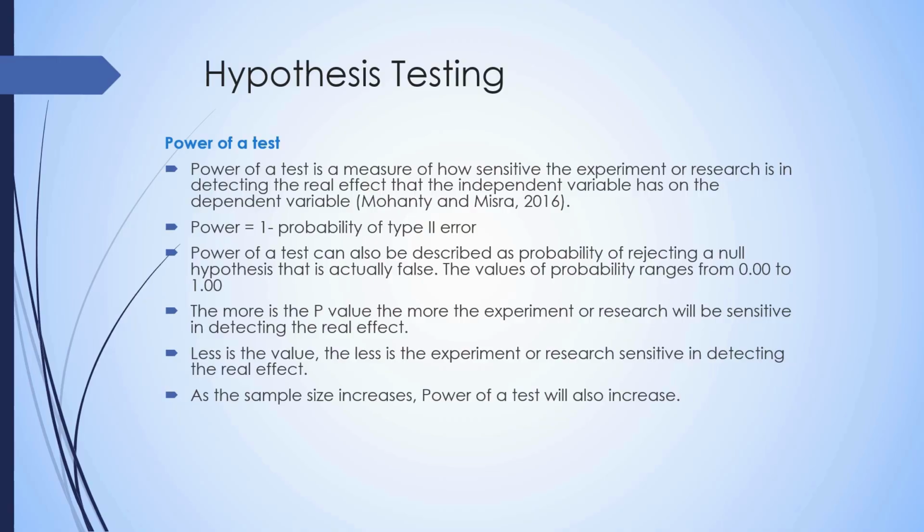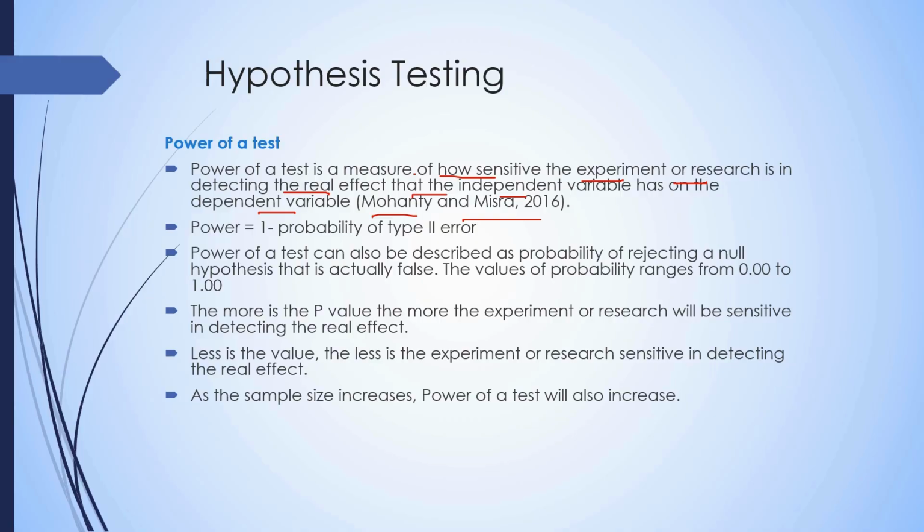The last concept before we learn hypothesis testing is power of a test. Power of a test is a measure of how sensitive the experiment or research is in detecting the real effect that the independent variable has on the dependent variable. This definition was given by Mohanty and Mishra in 2016. So let's break down the definition.